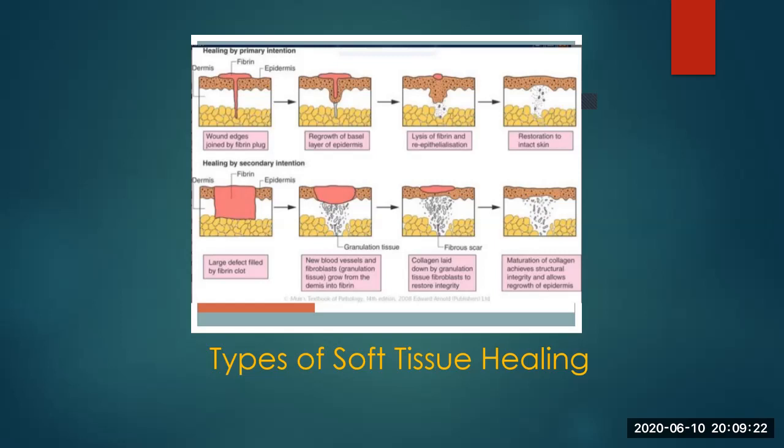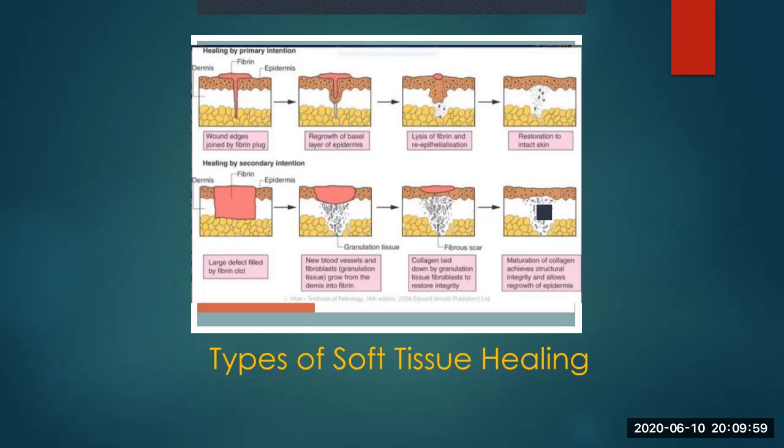This problem will be more manifested in healing by secondary intention, because at the area of secondary intention, there will be a scar, and as you can see in the last slide, in the scar tissue the healing epithelium occupies a larger area, and likewise the connective tissue at the scar region.